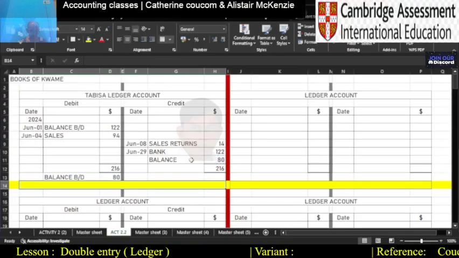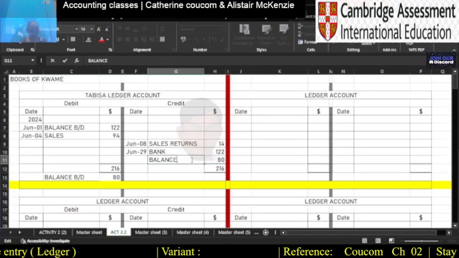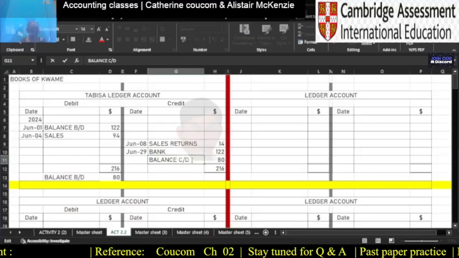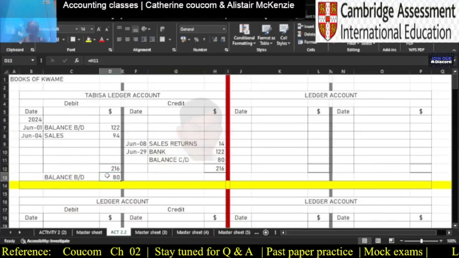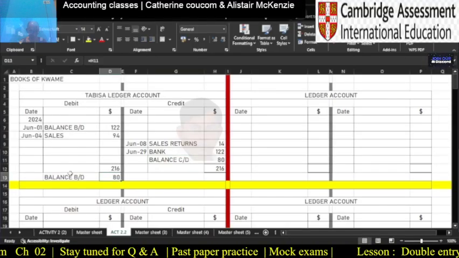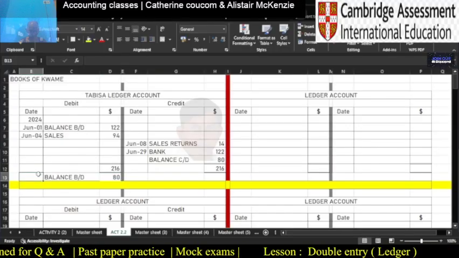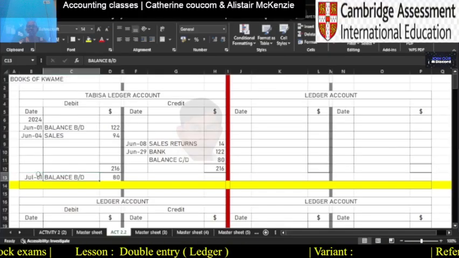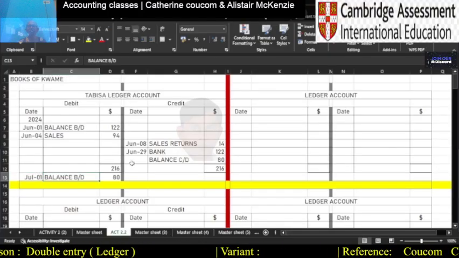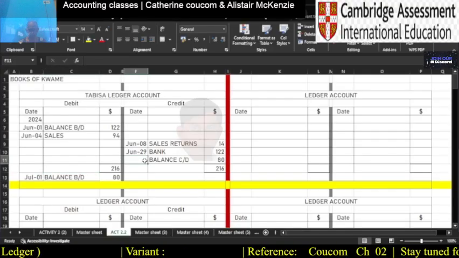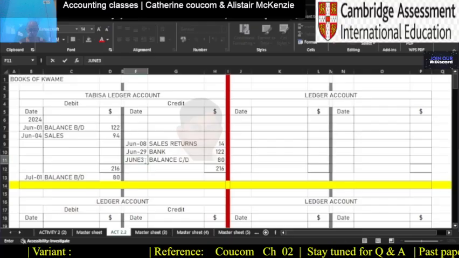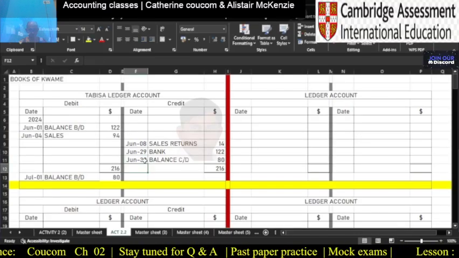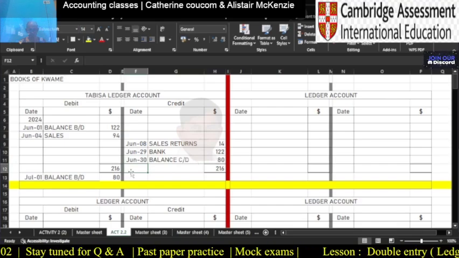So here it's carried down. This is on June 30, and brought down on 1st July. So carried down will become brought down in the next accounting period.